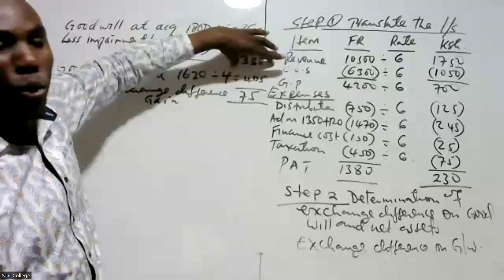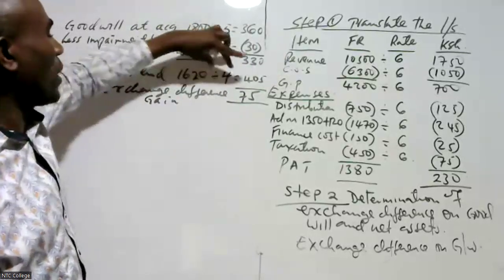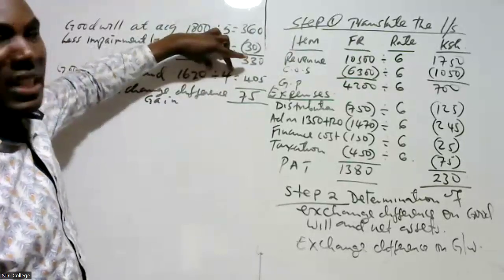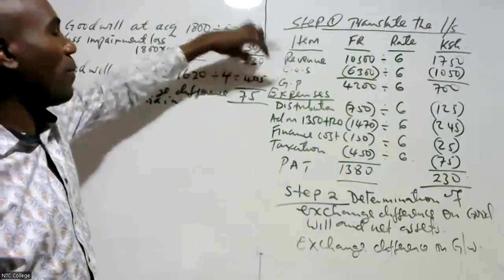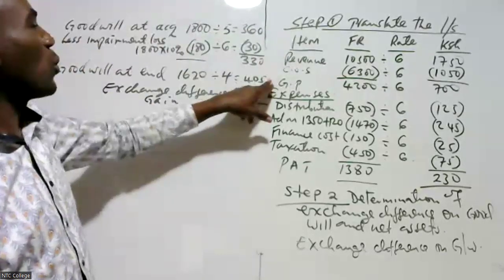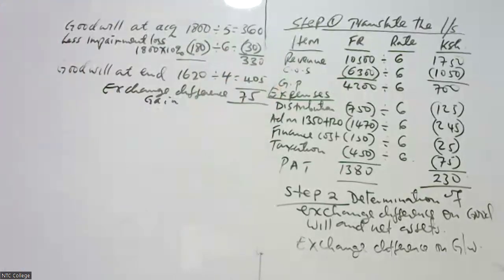Then we compare with our goodwill in foreign currency. We divide by the closing rate, and our goodwill at the end is 405. Therefore, our goodwill at the end is more than what we expect, so we have an exchange difference gain of 75.